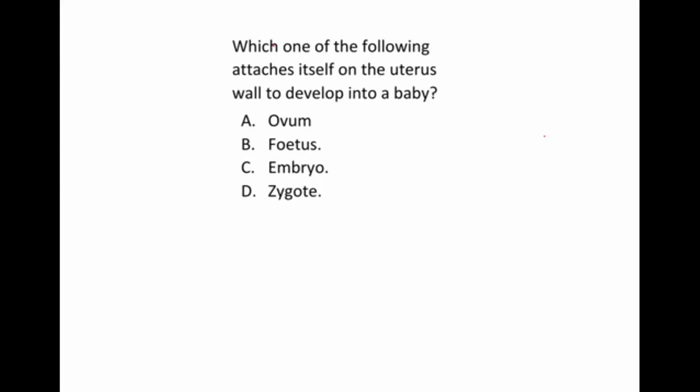Which one of the following attaches itself on the wall of the uterus to develop into a baby? During the process of reproduction in human beings, it begins with fertilization.